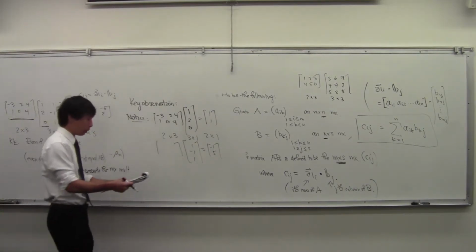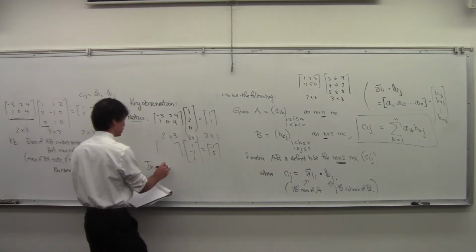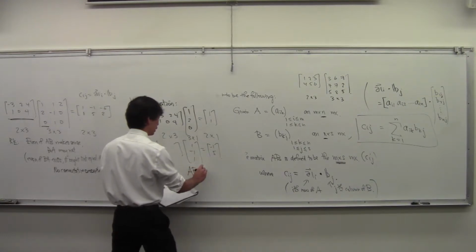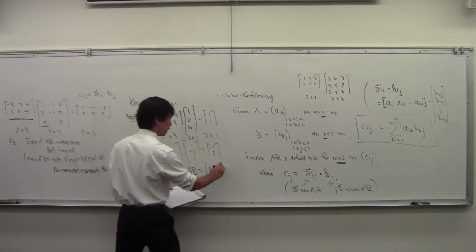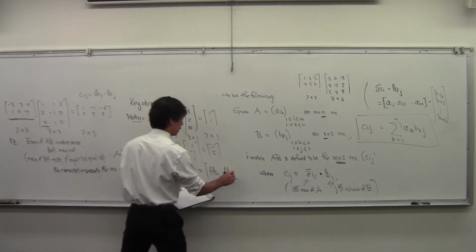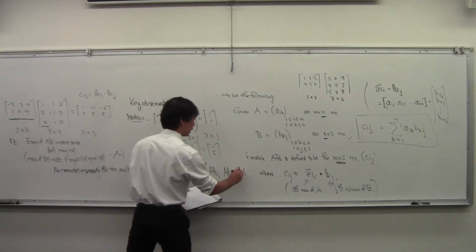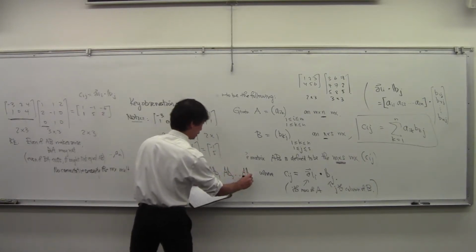So what I'm saying is that the general principle is that AB is going to be a matrix consisting of A times the first column of B, A times the second column of B, etc., down to A times the last column of B.